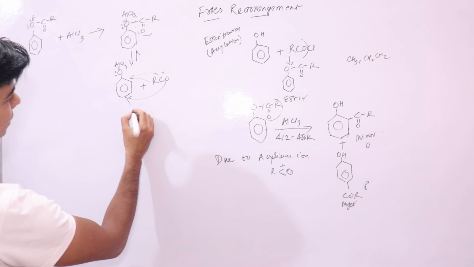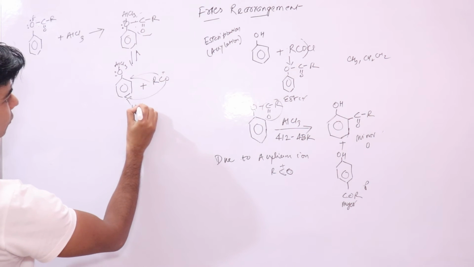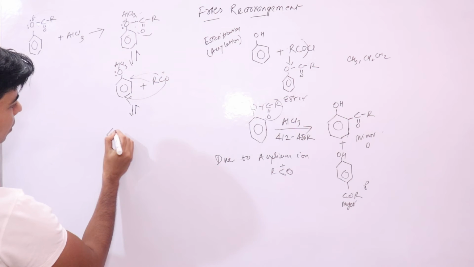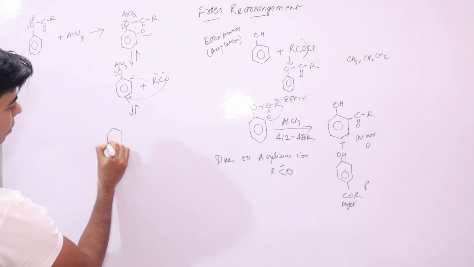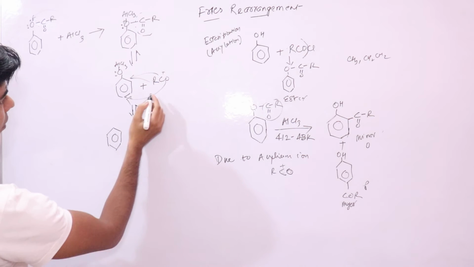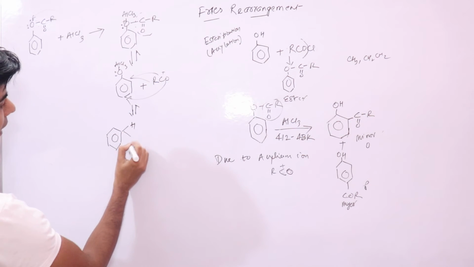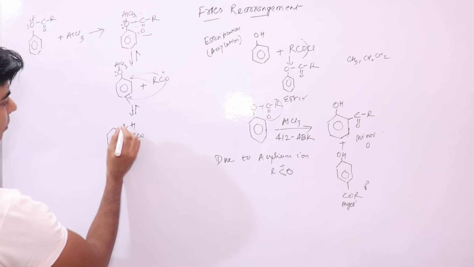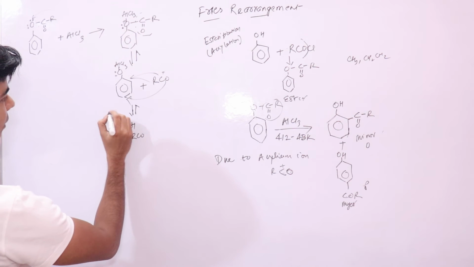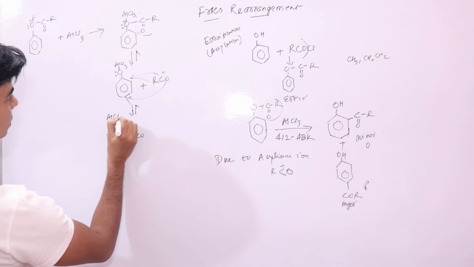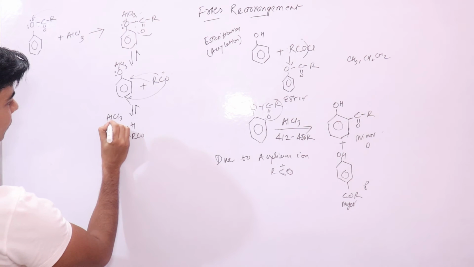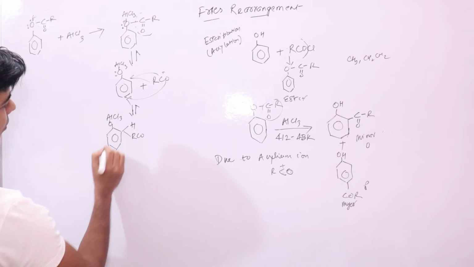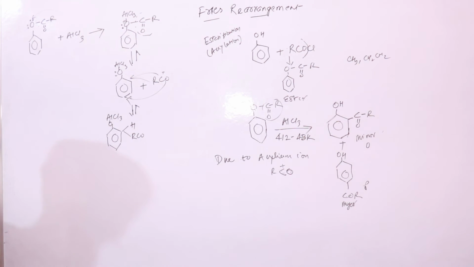Now let's see first how it forms. It will attack at the ortho position to form RCO, here you have O and AlCl3.